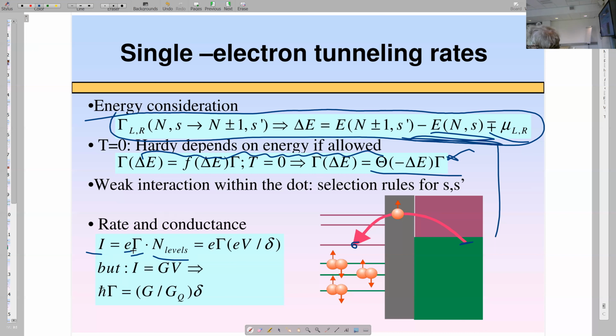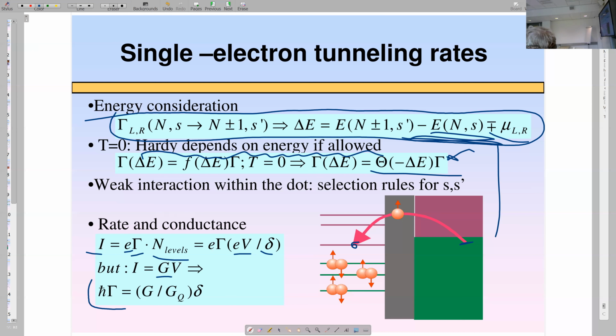What is the number of levels? It is a width of energy strip in units of quantization energy. Fine. So I got the current, which is proportional to voltage, but this is the definition of the conductance.